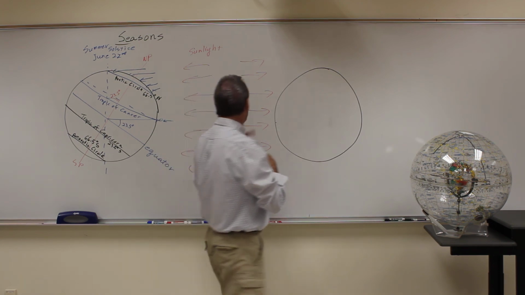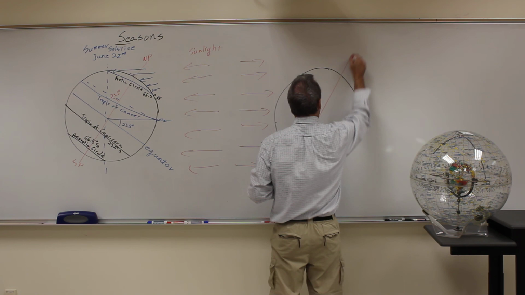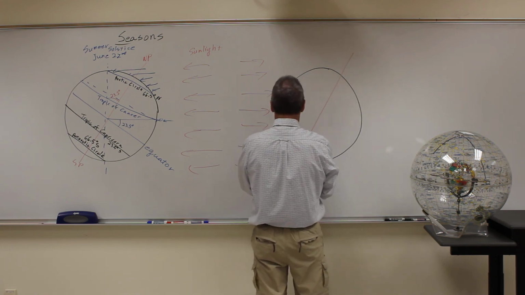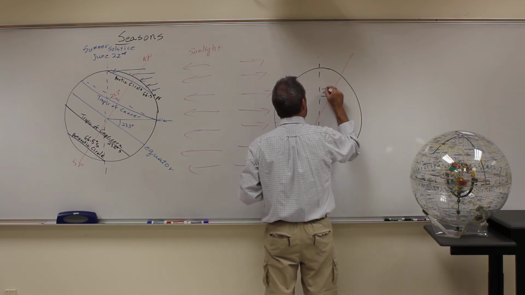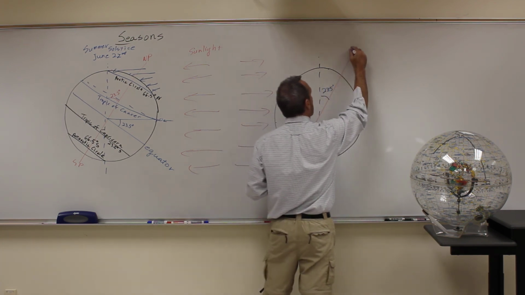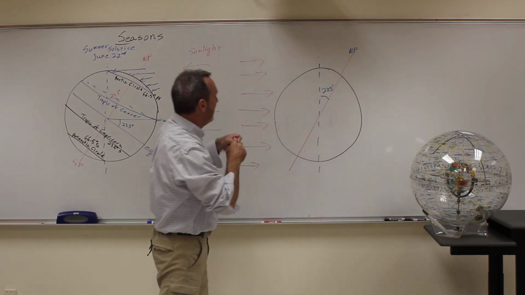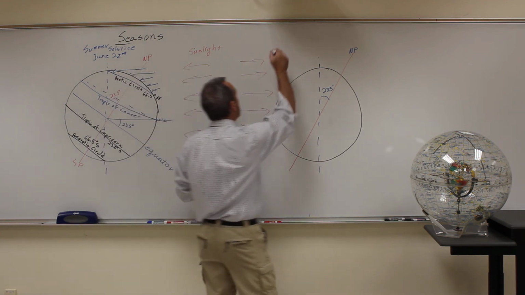And same thing, but the North Pole of the Earth is still going to be at this angle here. This angle is still 23.5 degrees. This is now the North Pole of the Earth. So the North Pole is now pointing away from the sunlight. Over here it was pointing towards the sunlight. This is the winter solstice.